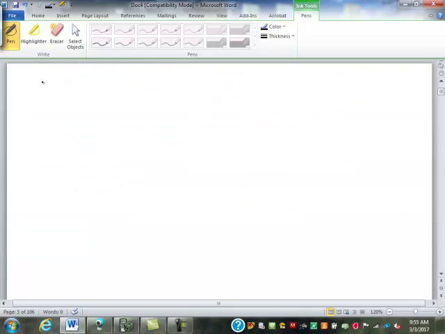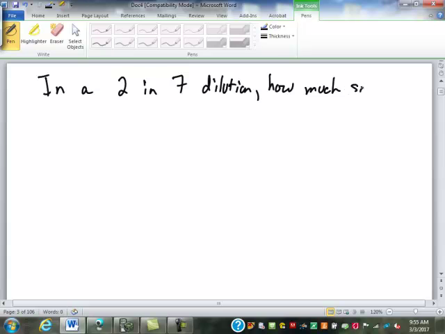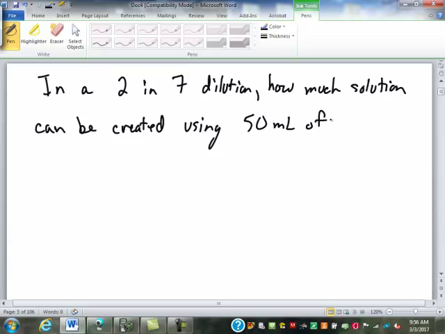Similar to that, let's say we have a 2 in 7 dilution. I want to know how much solution can be created using 50 milliliters of serum.